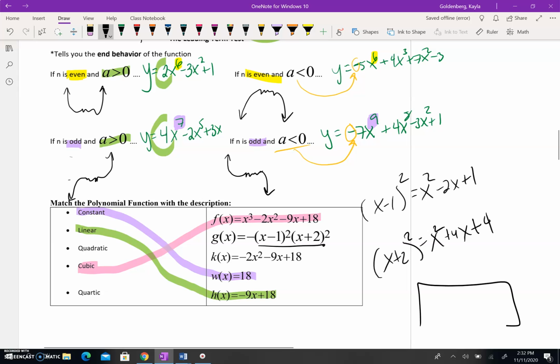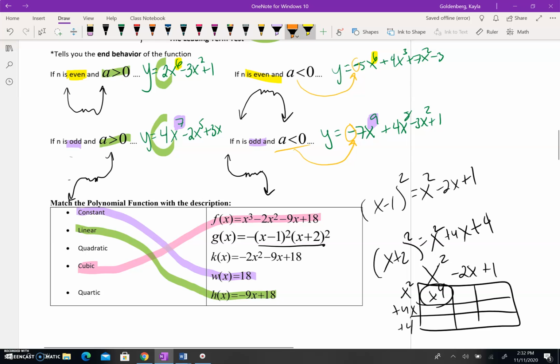And if you multiplied them both together, right, this is kind of saying multiply them twice, right? You do the first 2 multiplications, then you multiply all that together. It's like a lot of multiplication. Notice you would get x to the 4th. X to the 4th is quartic, whereas our other example is quadratic.